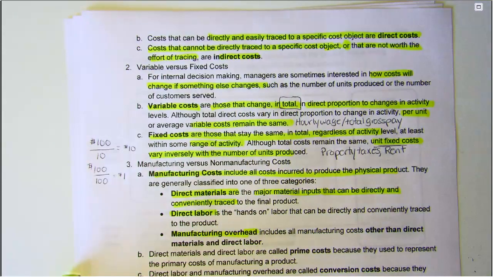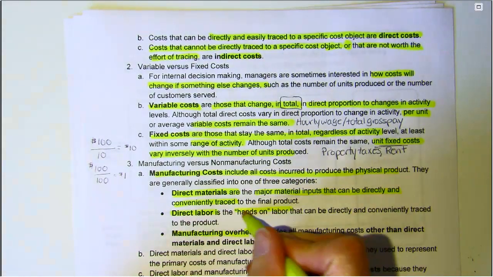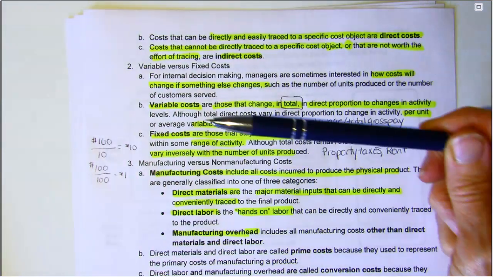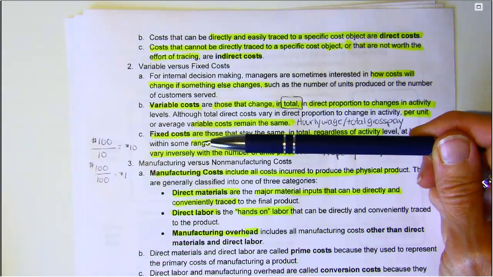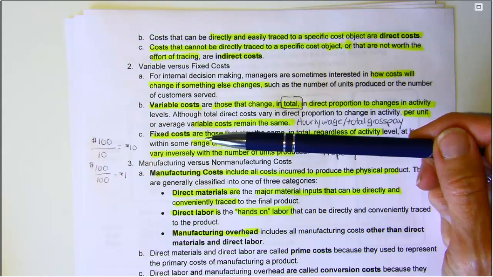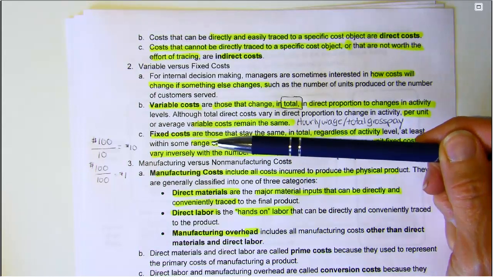Direct labor is the hands-on labor, the labor of just the people actually touching. Sometimes we call it touch labor because it's the folks who actually produce this pen. Not the janitors, not the security guards, not the supervisors or plant manager, but the people who actually put that pen together.